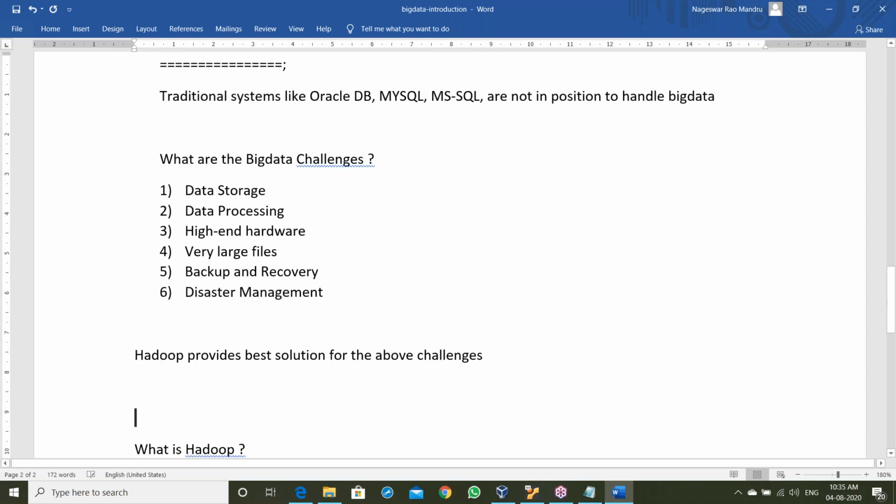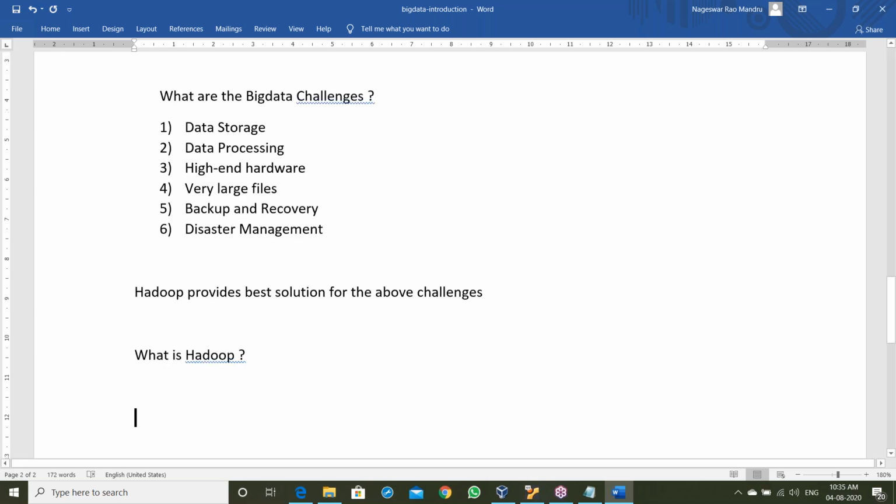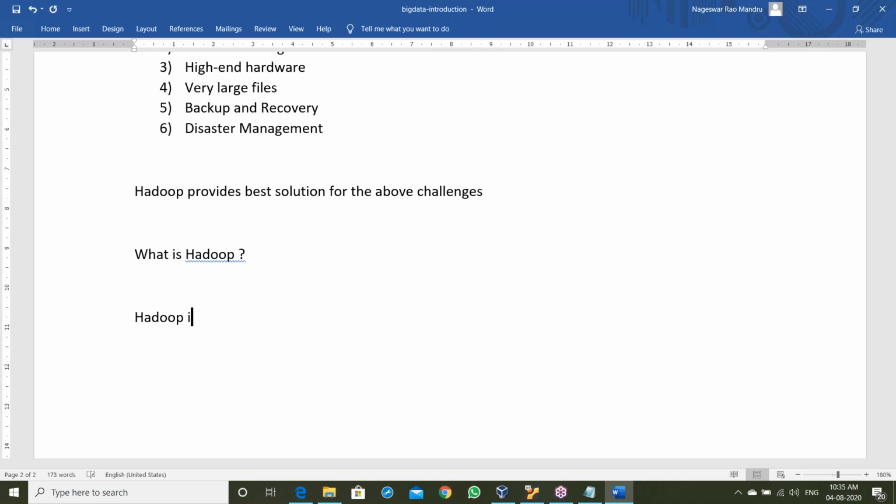So what is Hadoop now? Let us see. Hadoop is a framework to store and process big data. Hadoop is a solution for big data, to store and process big data.